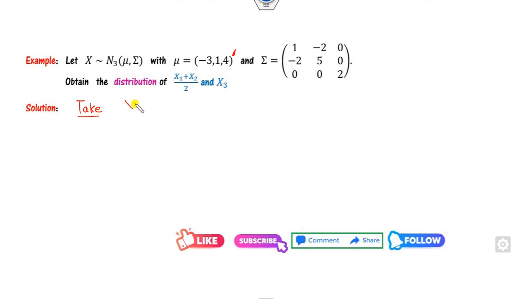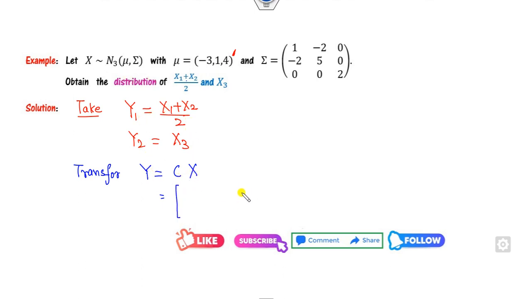So again very simple. I consider y1 is my (x1 plus x2) over 2, y2 will be here. Fine. y1 and y2 are here. So now you can take that transformation Y is equal to CX. So Y will be y1, y2, X will be x1, x2, x3.